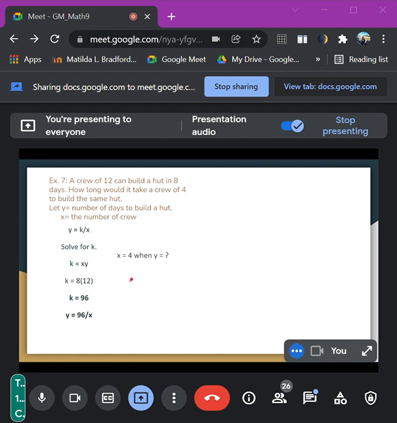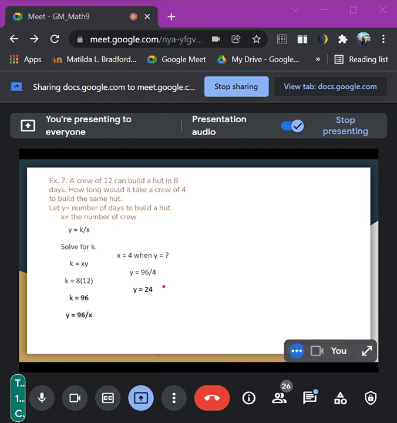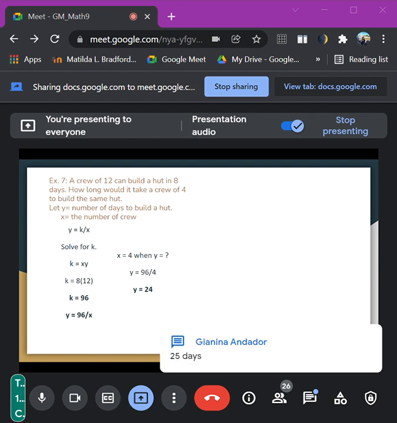So, you have y is equal to 96 over 4. What is that? That is 24. So, meaning to say, if there are 4 crew, it would take them 24 days to build a hut. Okay? So, that is for example 7.